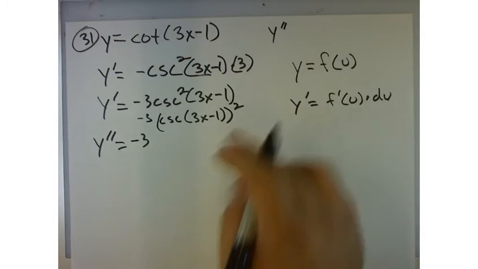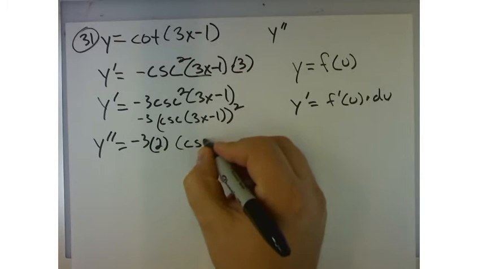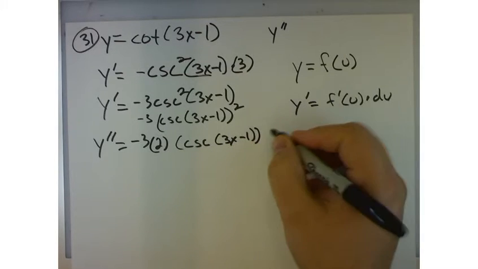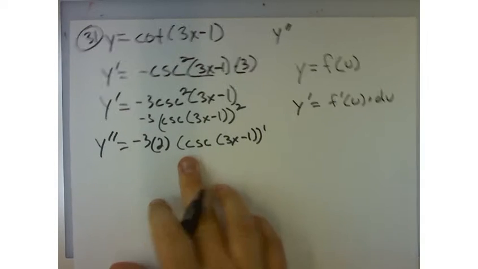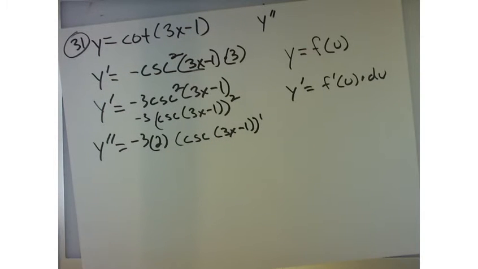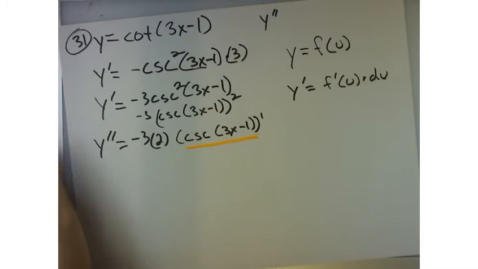So that means now I've got to toss this 2 to the front, and I have cosecant of the stuff on the inside. Now that's raised to the first power as I take the derivative. But then I have to take the derivative of this stuff on the inside. So the first thing I need to take the derivative of is cosecant of 3x minus 1. Well, what's the derivative of cosecant of 3x minus 1?